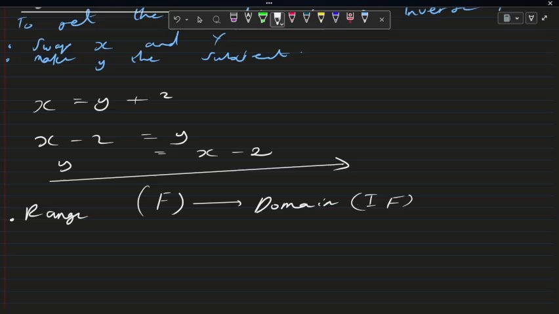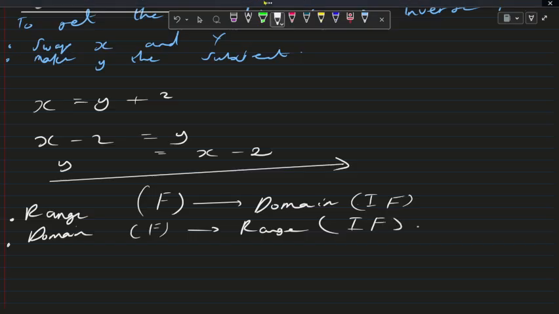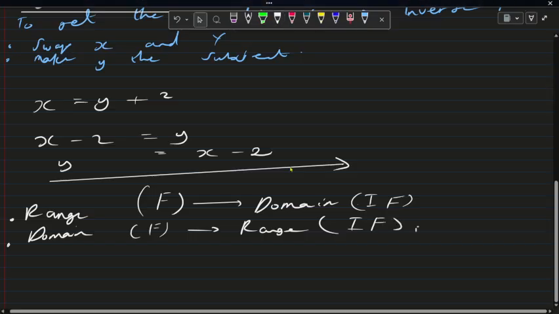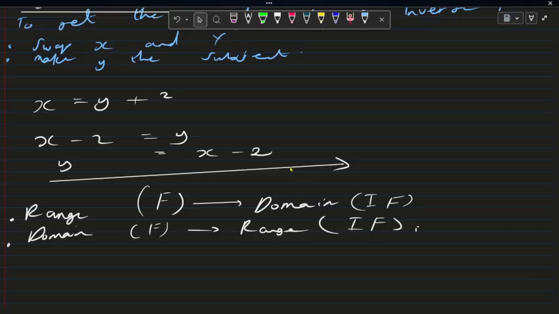Okay, and the reverse is true. The domain of the function becomes the range of the inverse function. Okay, that is what happens, and that is what we need to understand.